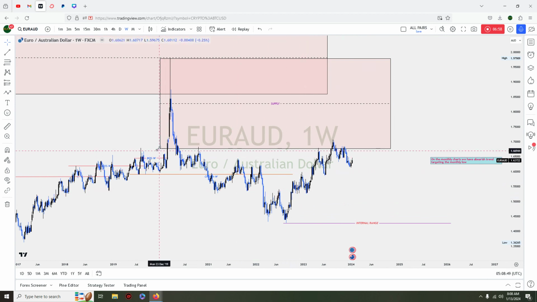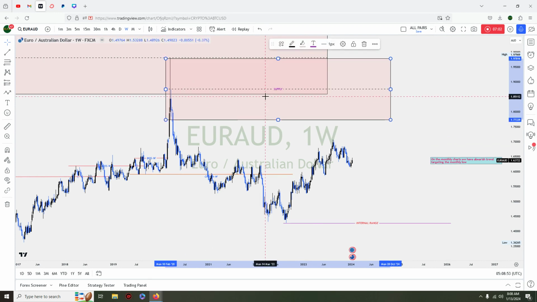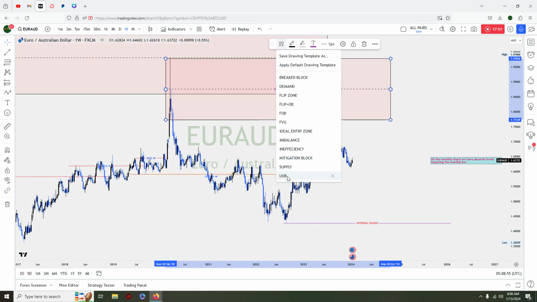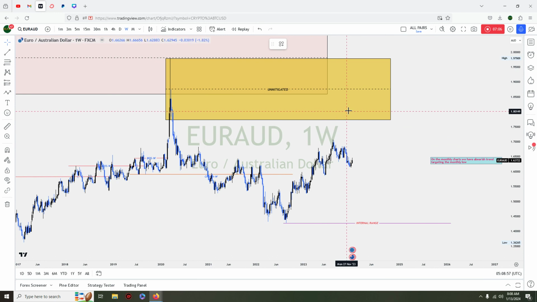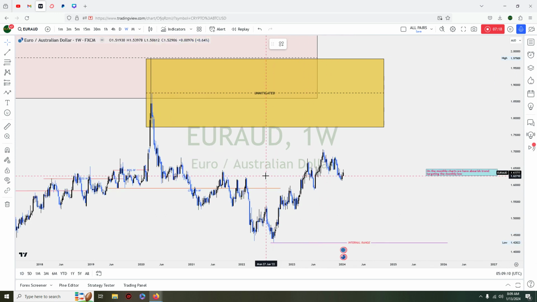But if we improve our analysis, you'll realize that there is a supply seated up here that was unmitigated. So maybe the market will come back to this region this year, 2024, or maybe it will come back to that region once it breaks this low. Again, nobody knows. So we have this low, and then we had another low.